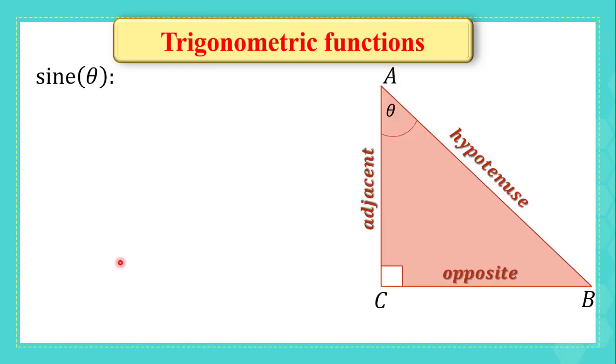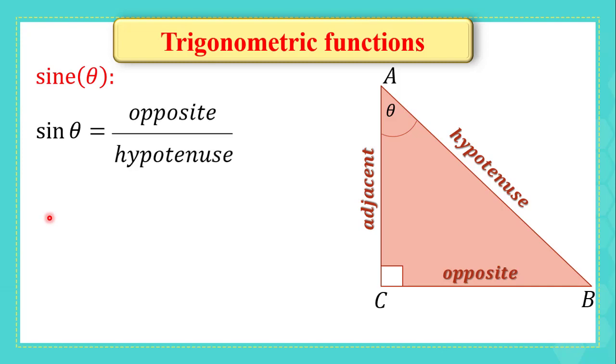We will start with the first function, which is sine theta. Sine theta is defined as the opposite divided by the hypotenuse. From our figure, we have mentioned that the hypotenuse is the side opposite to the angle 90 degrees. The opposite is the side opposite to the angle theta.